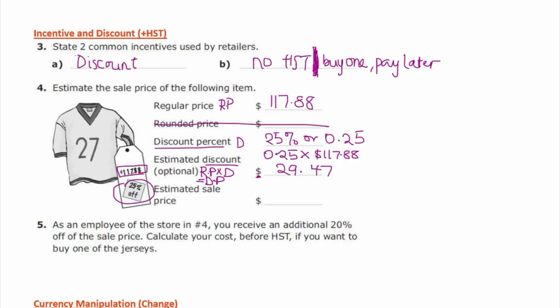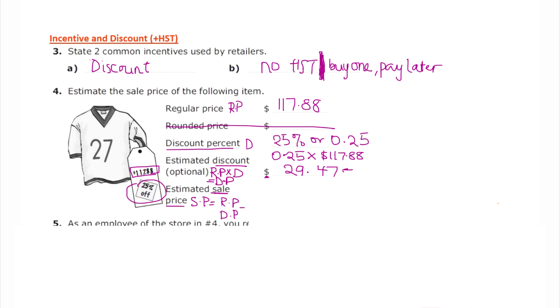And once you get this number, you're going to subtract from the regular price, which is the RP, in order to find the sale price, which is SP.